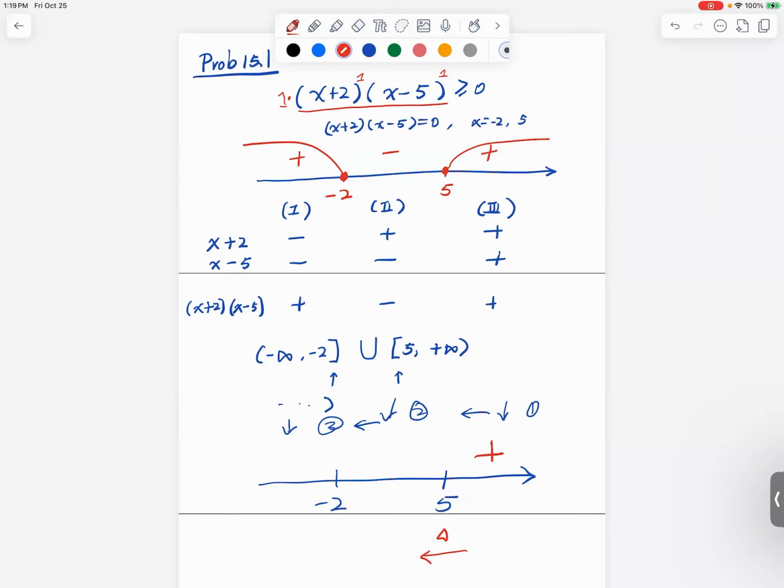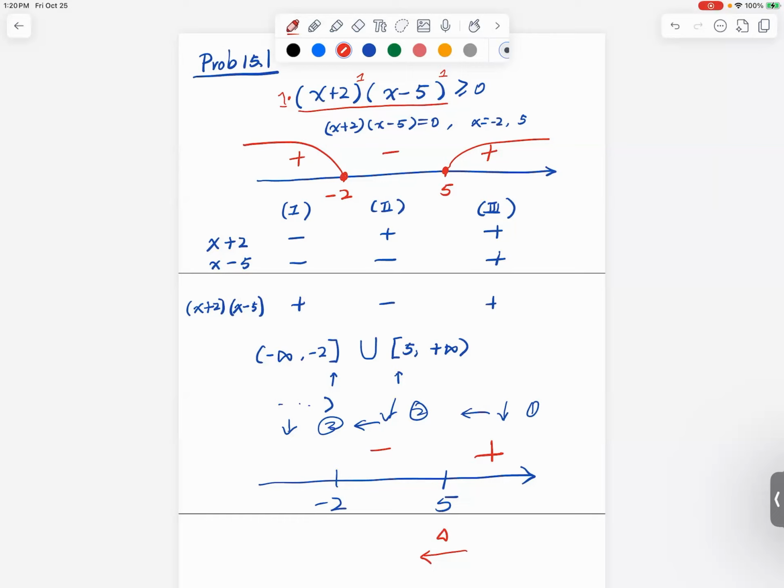So every time exactly one term changes sign. What does that mean? The sign in the interval from -2 to 5 is simply negative: from plus you go to minus, then from minus you go to plus.